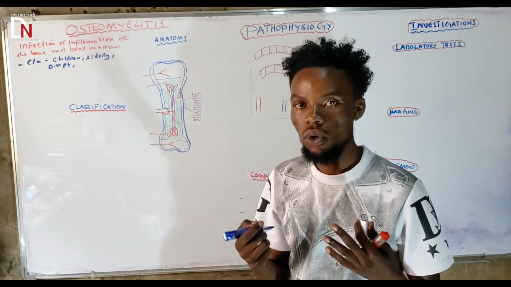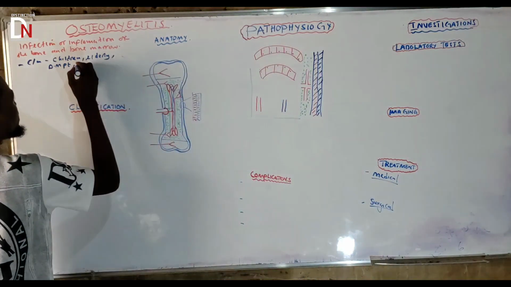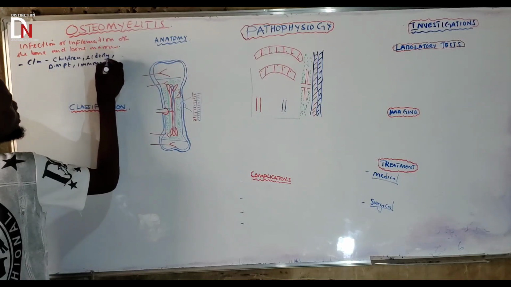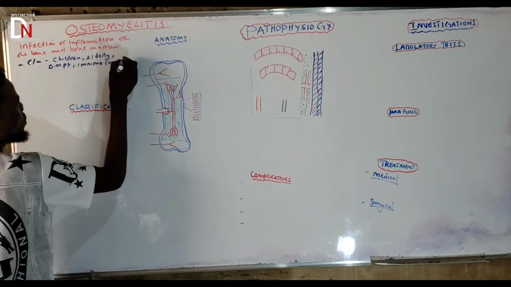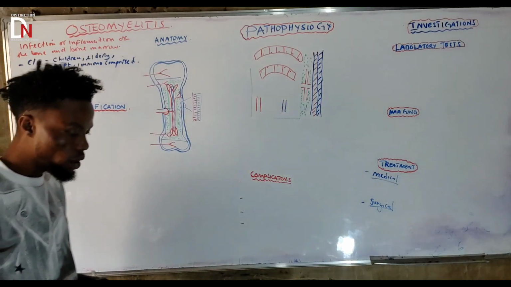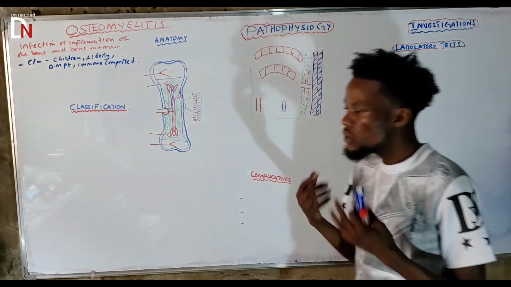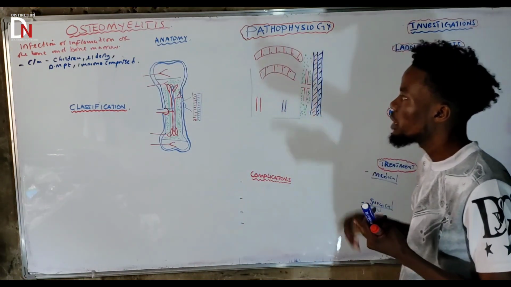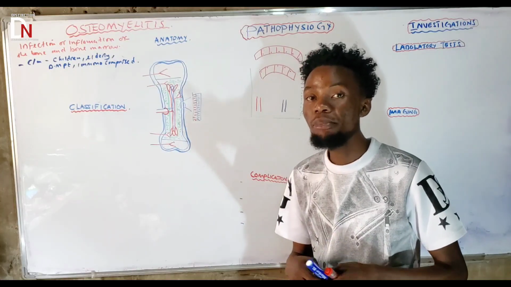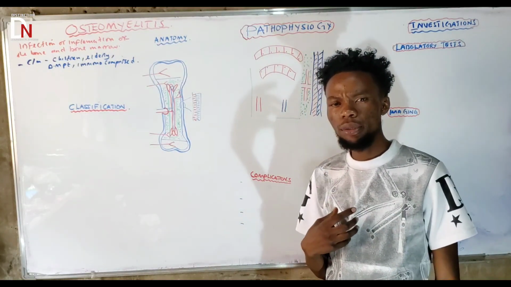So it is also common in immunocompromised patients. So now we've understood where osteomyelitis is common: children, elderly, diabetic patients, and immunocompromised patients.